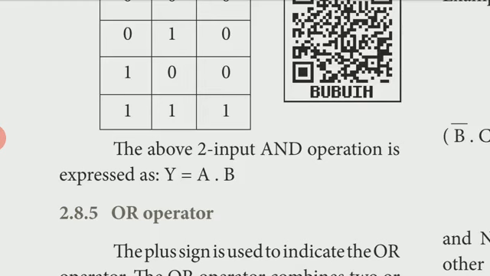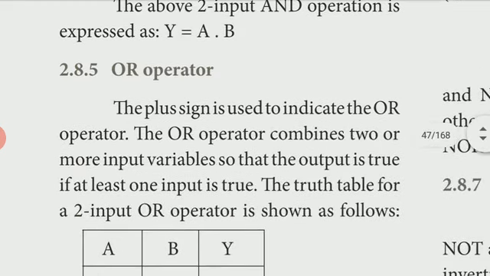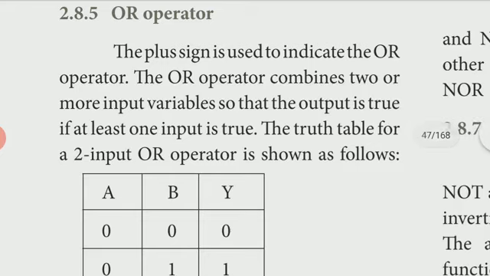The next one is the OR operator. Here we have more than one condition. If any one condition is true, we get the answer as true. So for the OR operator, any one condition being true, or all conditions being true, gives the answer as true.